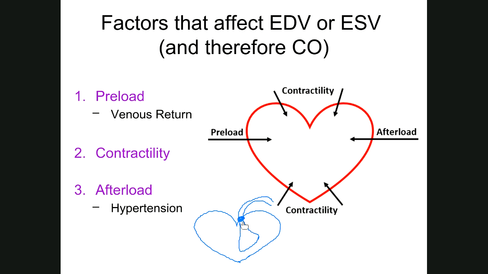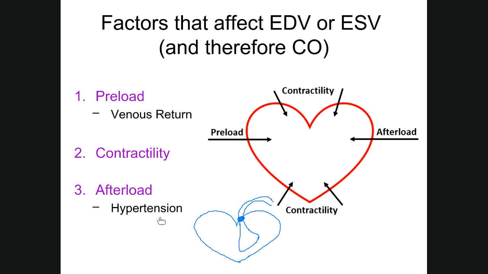If we do that, then we overcome the afterload, and that opens up this valve and allows the blood to move from an area of higher pressure into an area of lower pressure.